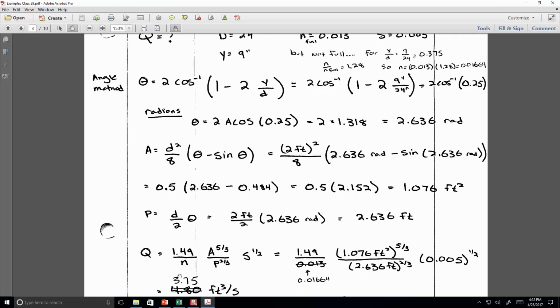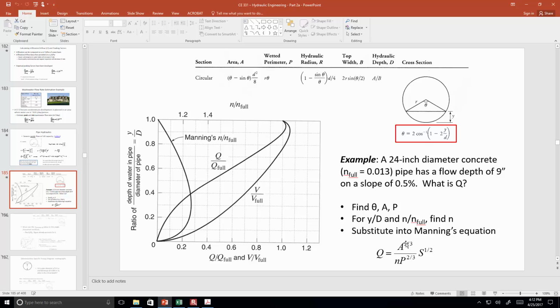Q full? Well, if we'd calculated Q full, it should be 4.8 cubic feet per second. That's based on the n full. If you wanted to calculate the Q full, the area is based on the full diameter of 24 inches, and the wetted perimeter is also based on full flow conditions. So we'd substitute in, assuming the water's all the way to the top.